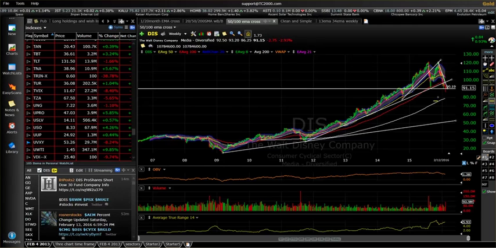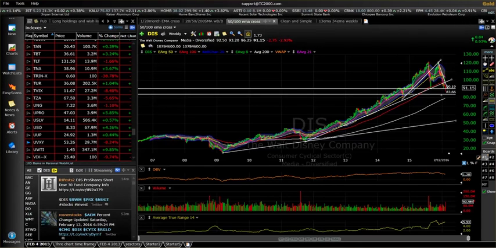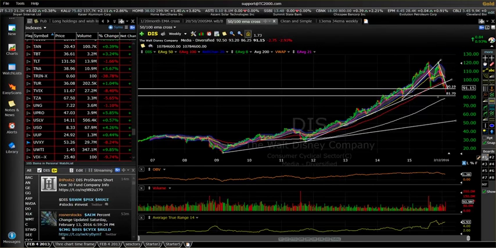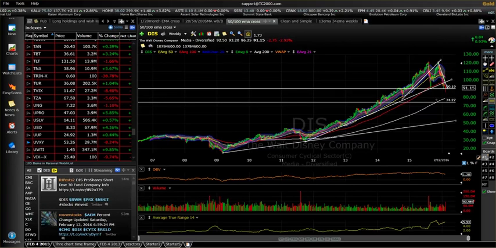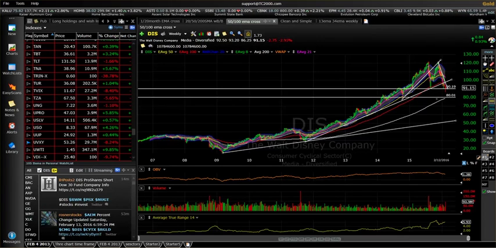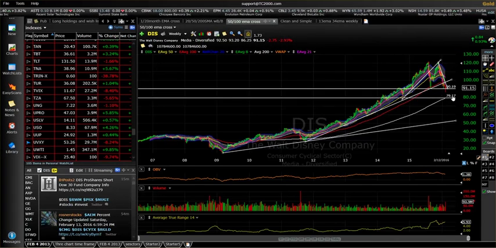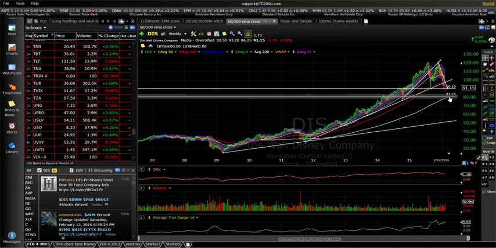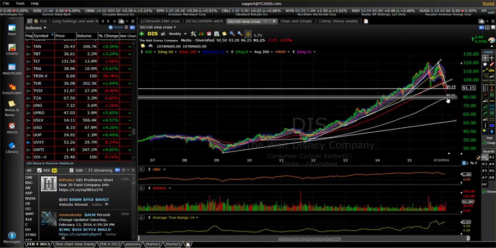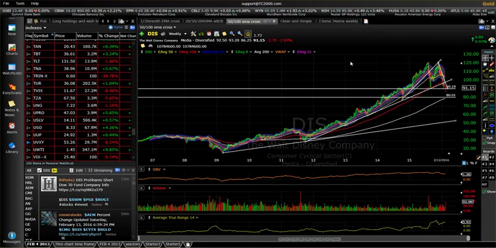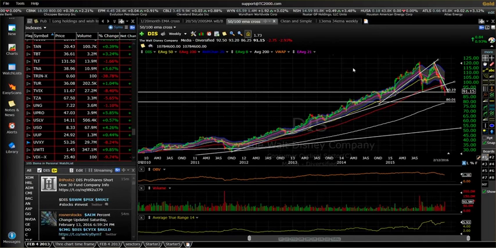which, let's just take a look at where that may be. Well, we have a 200-day simple moving average right here at around $80. We just talked about the fact that round numbers can act as support and resistance. So we've got about $80 here. That could be your next area of support on the long-term chart.